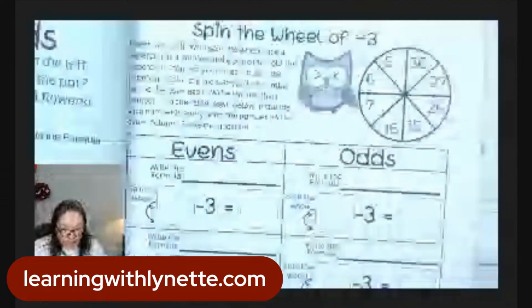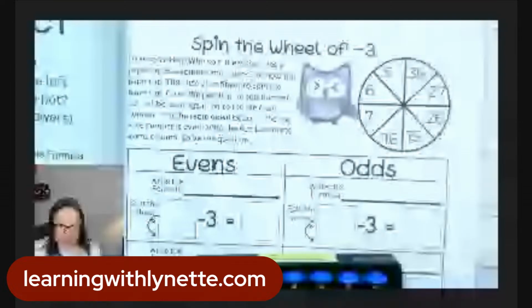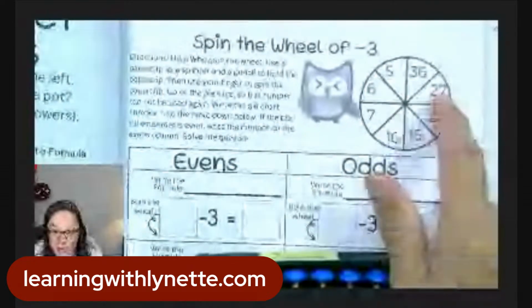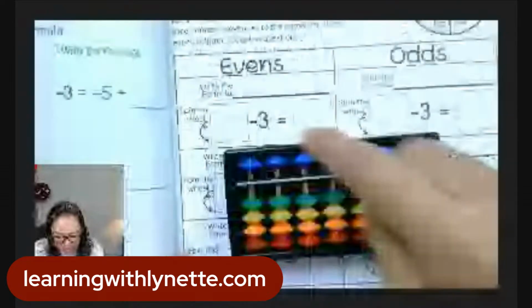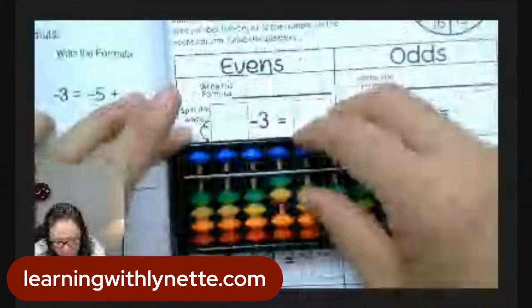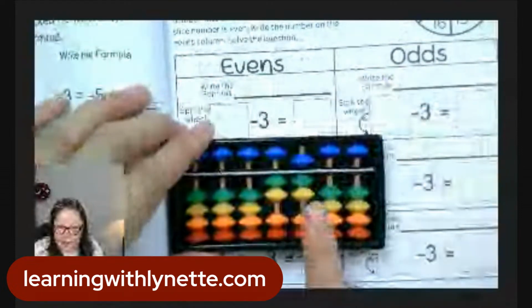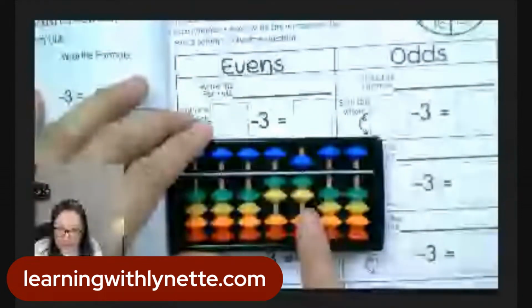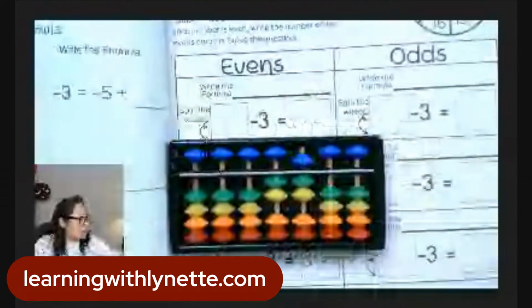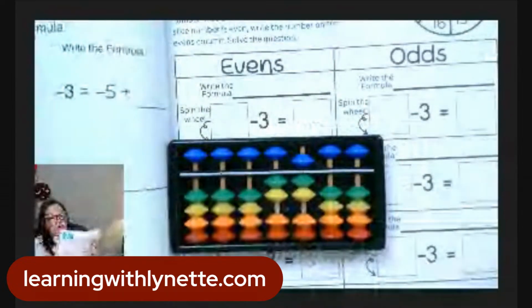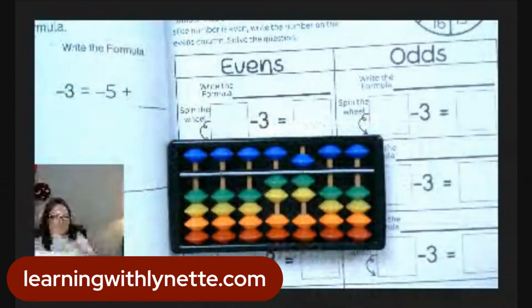I like this one because it has bigger numbers. So if I did 27, take away 3. If I take away the 3, what do I do? How do I minus the 3?